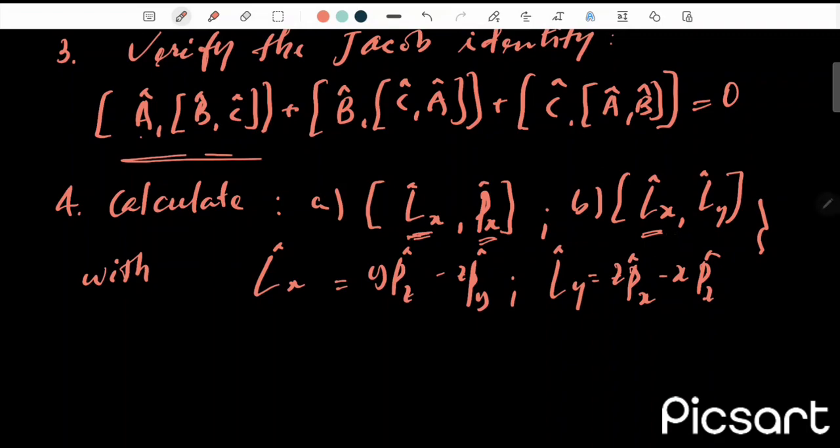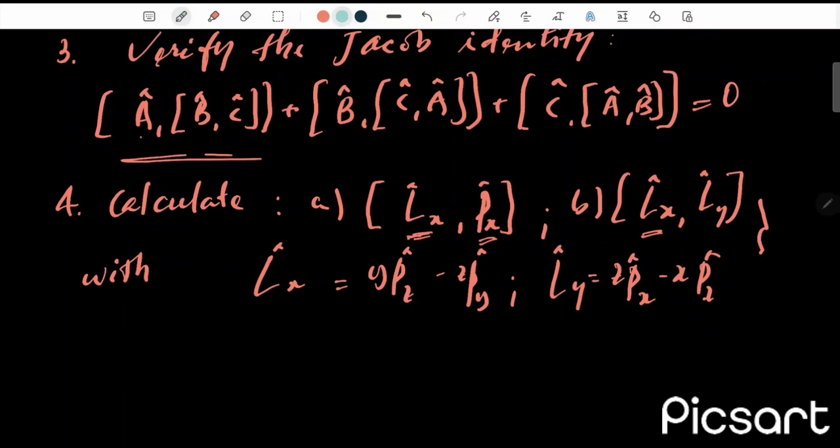Here we have the commutator between two different components of angular momentum, the x and y components, and we have the definition of the angular momentum in its x component as y times pz minus z times py, and we also have the definition of the y component.